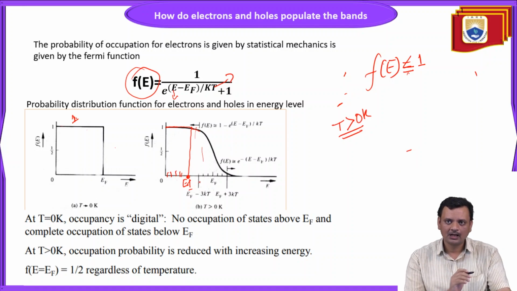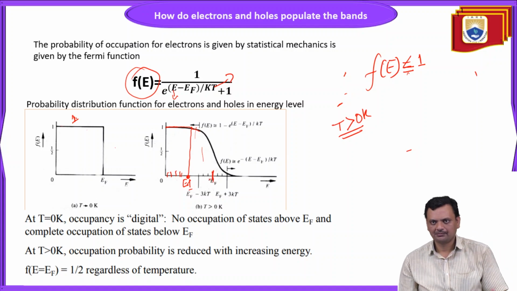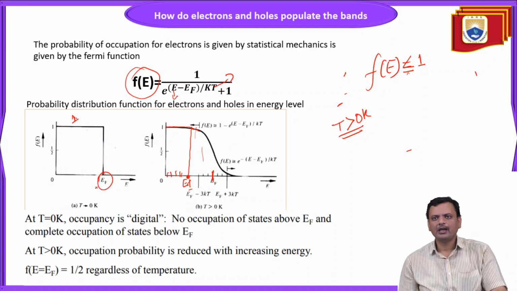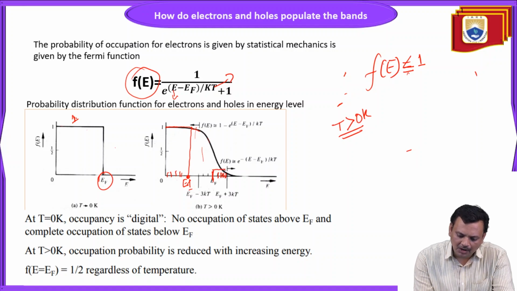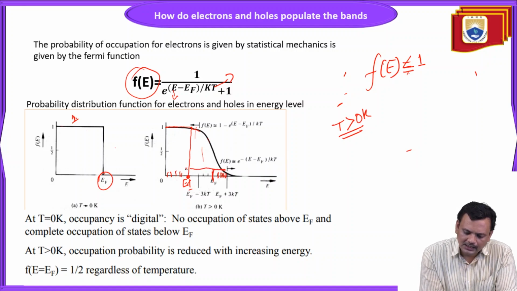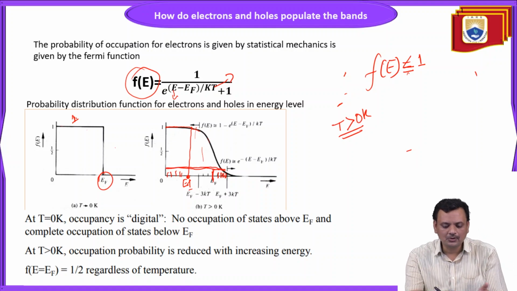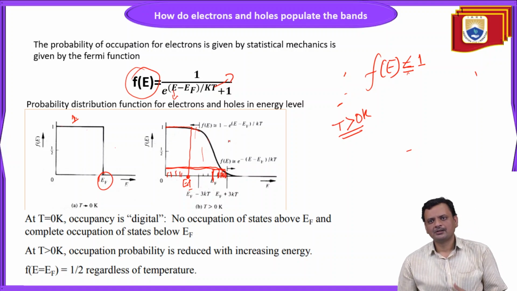energy levels. Now, suppose this is your EF, the highest filled energy level. Even beyond this EF energy value, some probability exists for charged particles to occupy these levels. So some smearing happens.